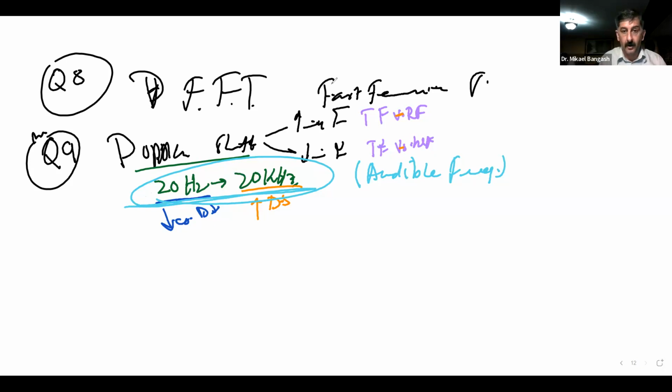So if we say the transmitted frequency, for instance, was let's say 1 megahertz, then we may have an increase in the frequency, which causes the reflected frequency to be, let's say, 1.02 megahertz.